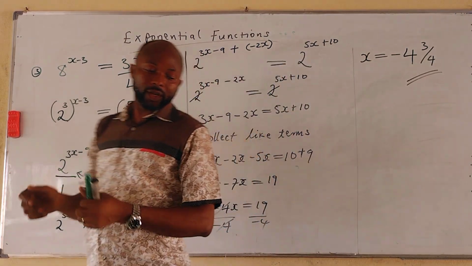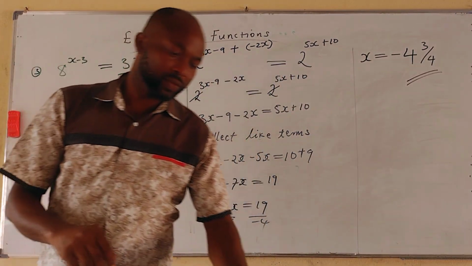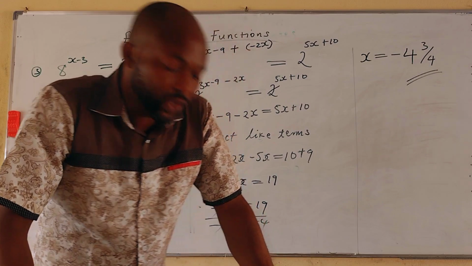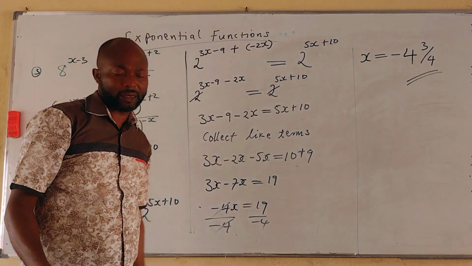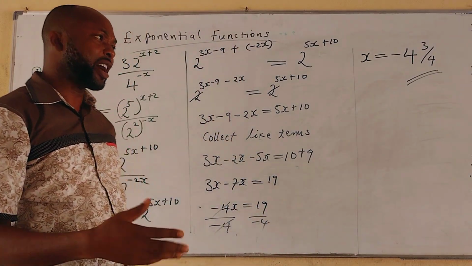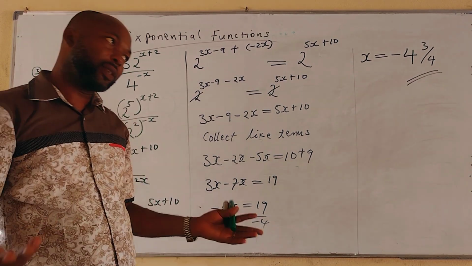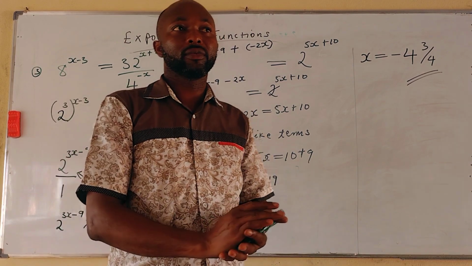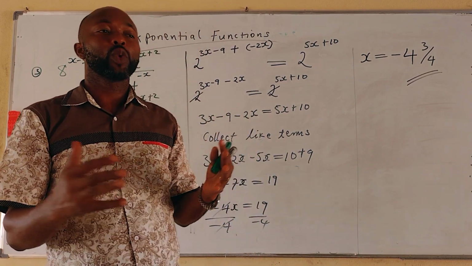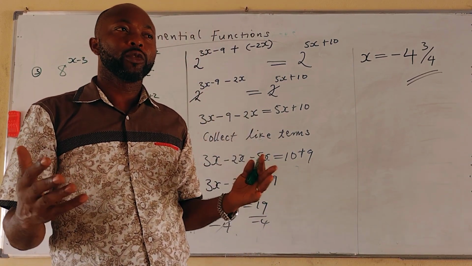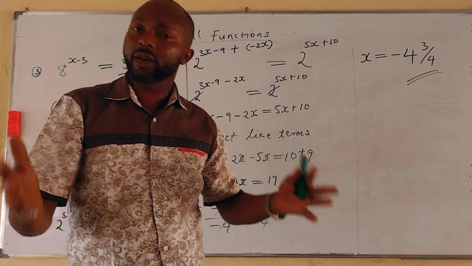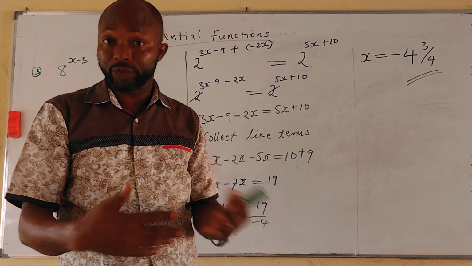Let's take another question. Solve for x in the equations. So let's take like 5, 6 more questions. This is the thing about mathematics. The more questions you solve, you begin to see the different angles in which one question can be resolved.